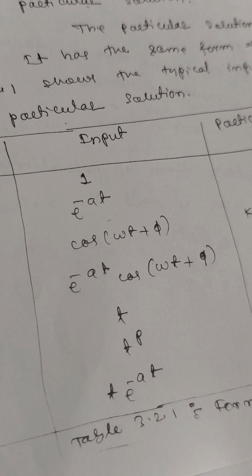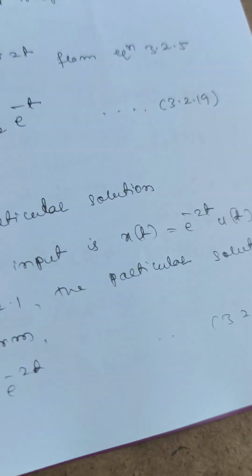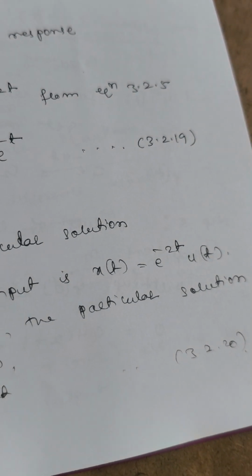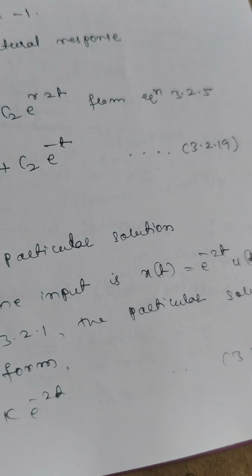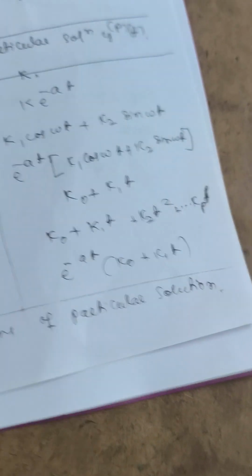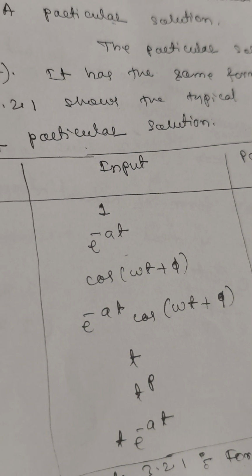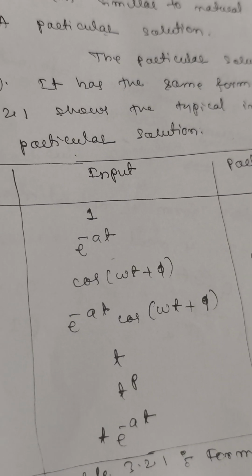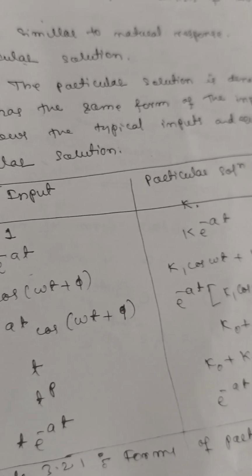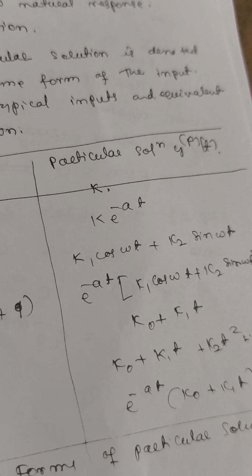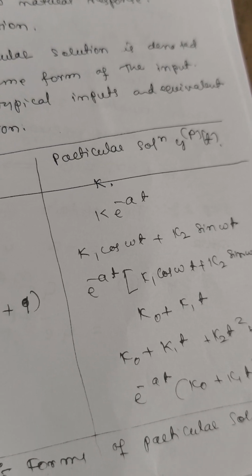So the input is x equal to e raised to minus 2t, and the particular solution will be k into e raised to minus 2t.